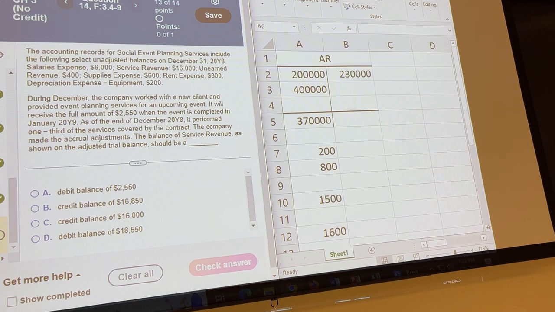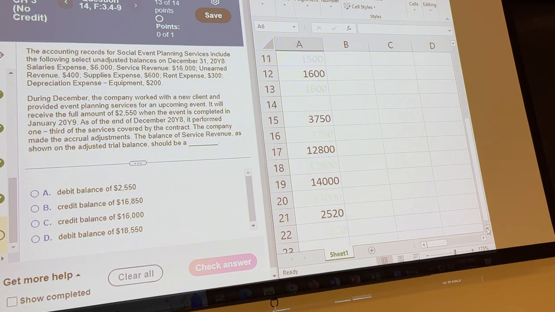It will receive the full amount of $2,550 when the event is completed in January. At the end of December, it performed 1/3 of the services covered by the contract. The company made the accrual adjustments. The balance of service revenue, as shown on the adjusted trial balance, should be what?